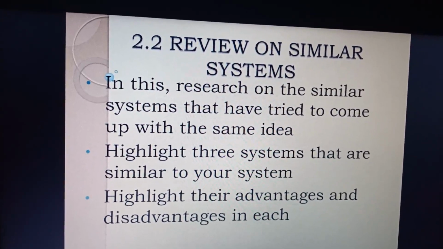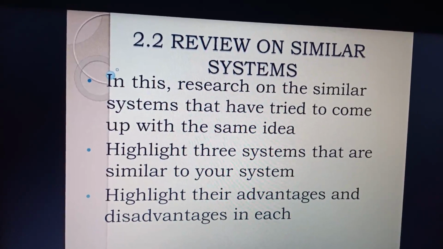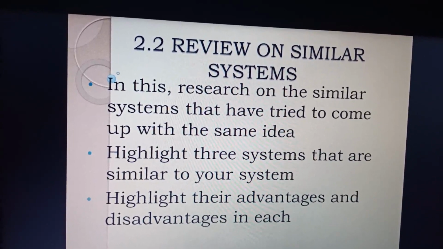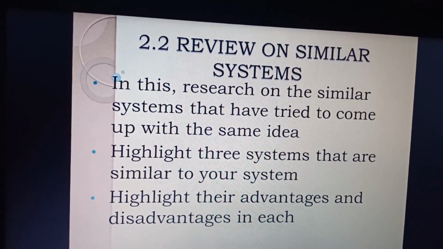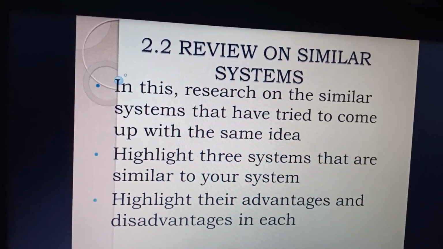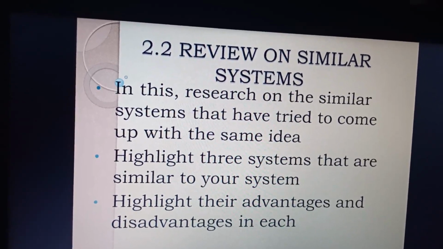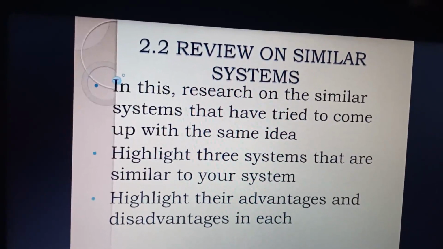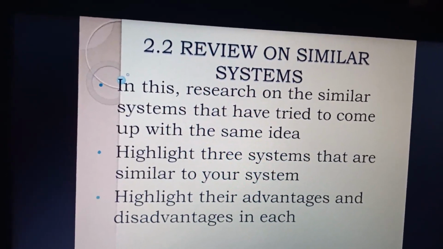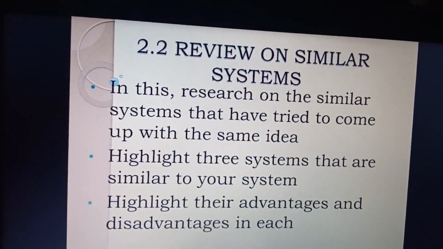So, highlight like 3 systems that have the same or similar idea to your system. Highlight their advantages. Also check on their disadvantages and also highlight them or write them down.